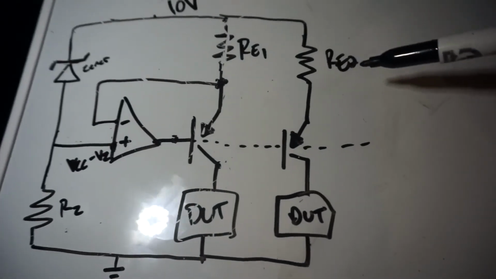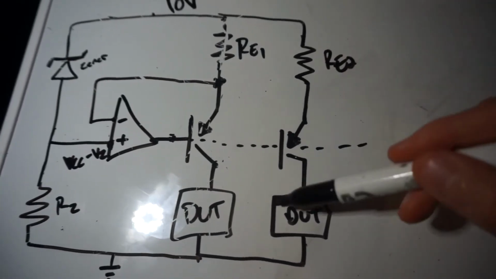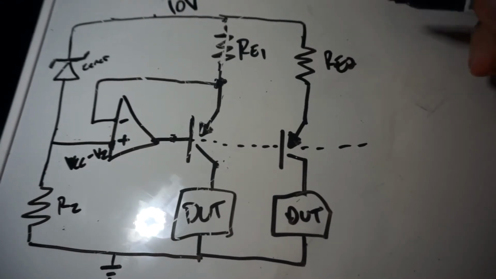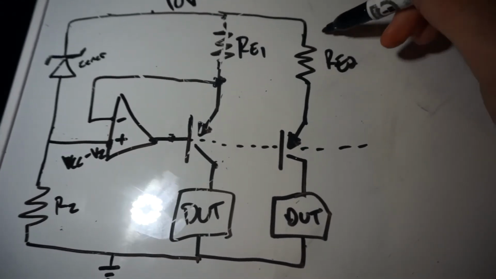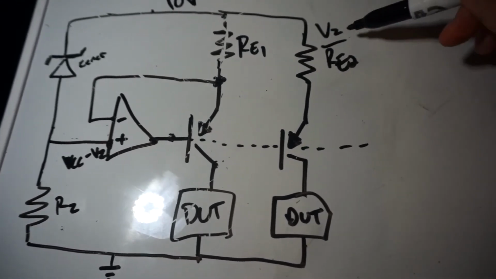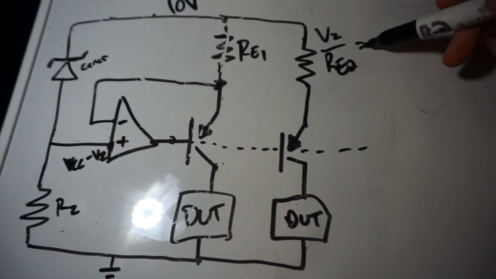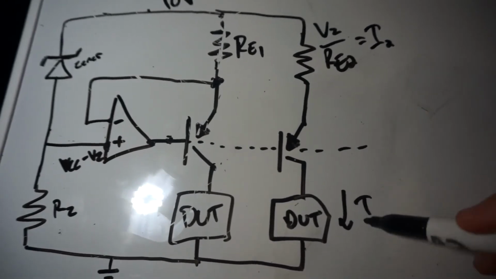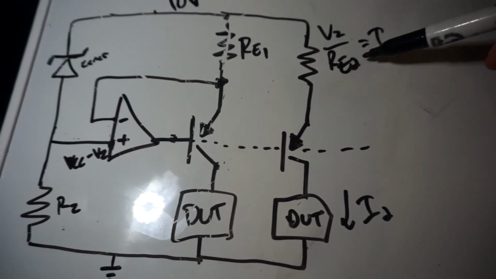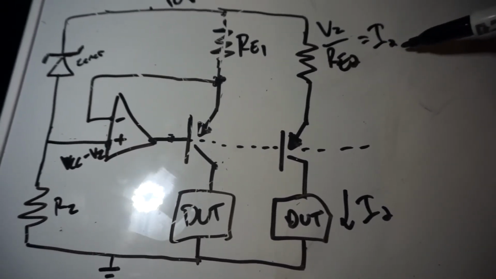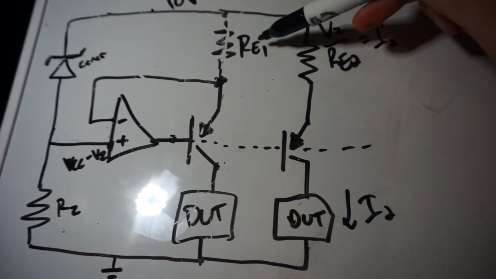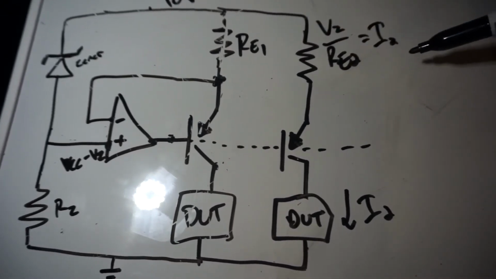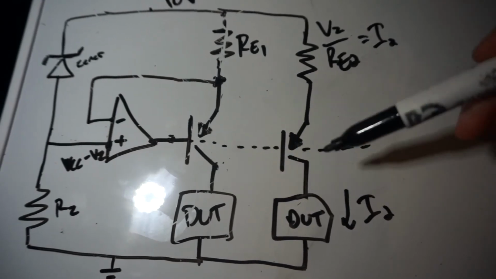Then for any subsequent branch of this current mirror, we simply divide VZ by the emitter resistor, and that gives us the current, we'll call it I2. If the resistor is double the original resistor, then you're going to have half the current that was going through this wing.